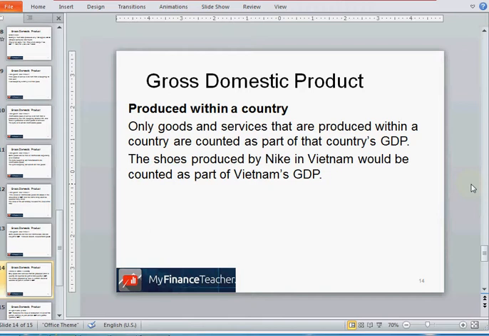For example, shoes produced by Nike in Vietnam would be counted as part of GDP of Vietnam rather than part of US GDP, even though Nike is an American company.